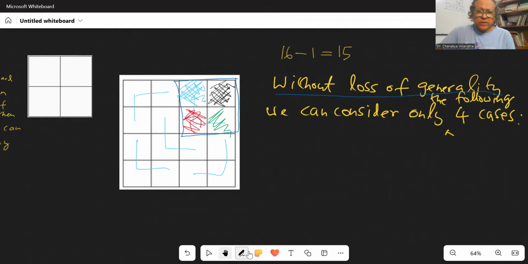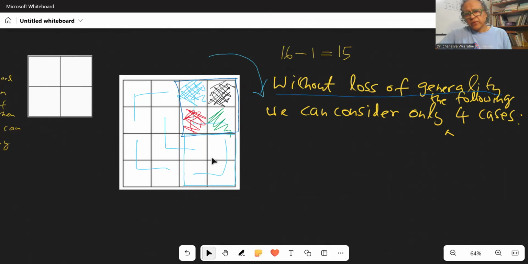It is because we can rotate this square. If you rotate 90 degrees, this big 4 by 4 square will be here, so we are covered.